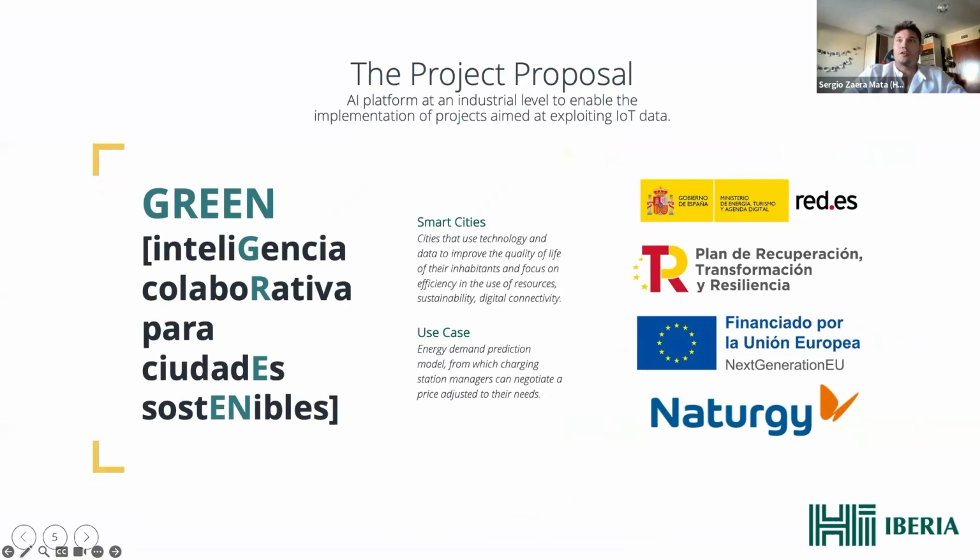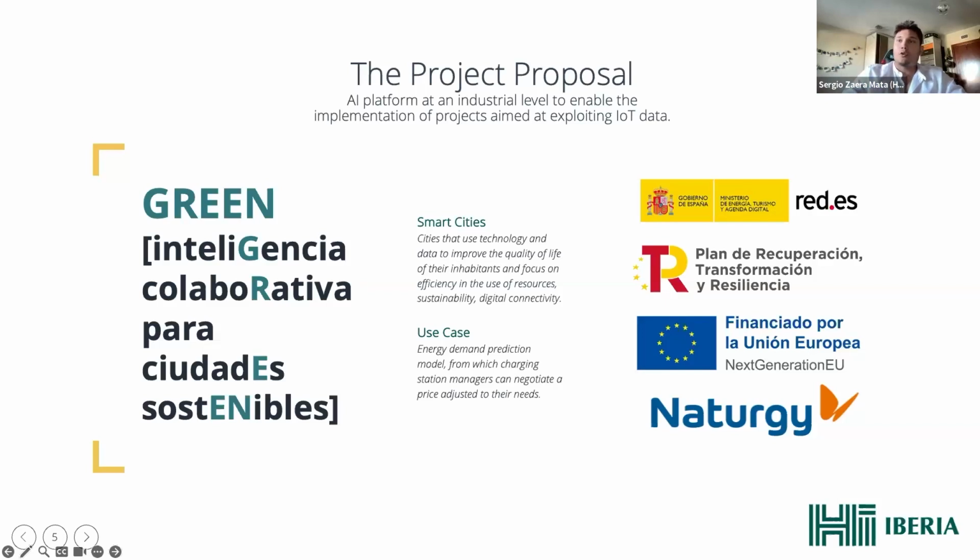The project started thanks to red.es, which is a public corporate entity under the Ministry of Digital Transformation of Spain, and specifically the artificial intelligence part, which is what we are doing. Also, the mission of the company is to execute programs and accelerate the digitalization of Spain.